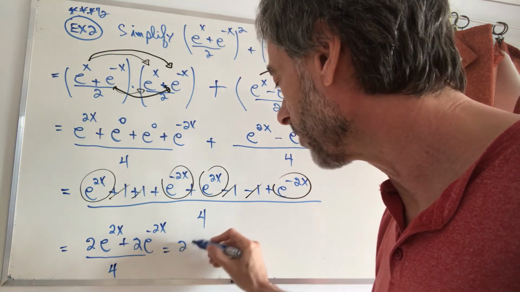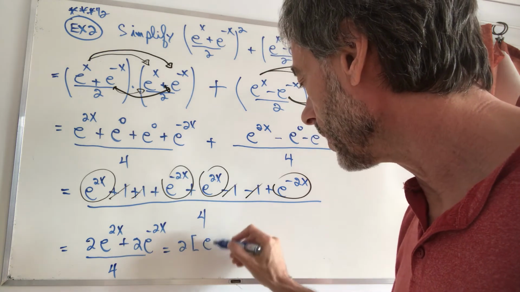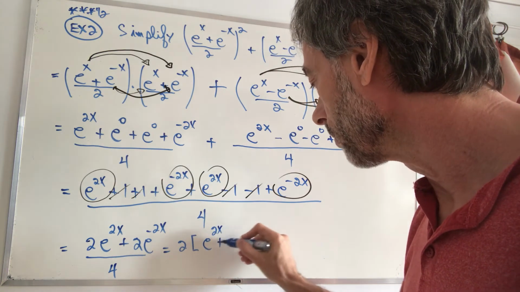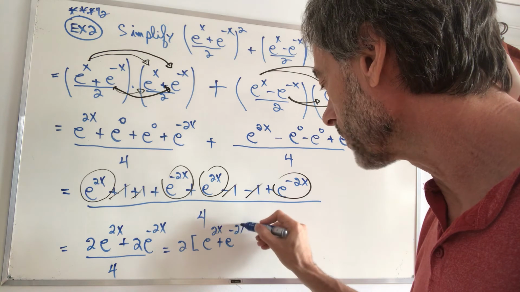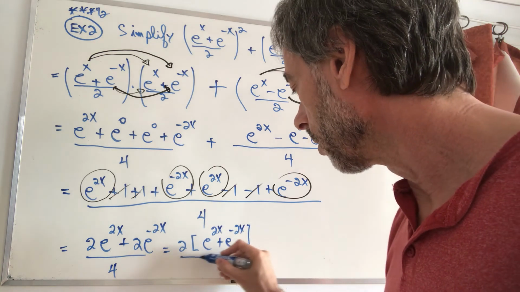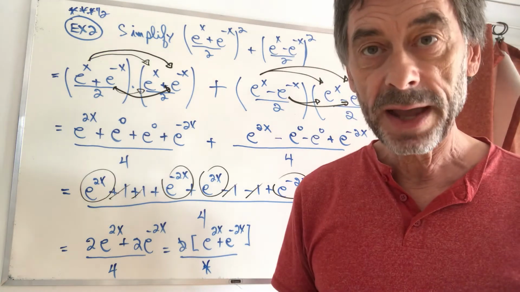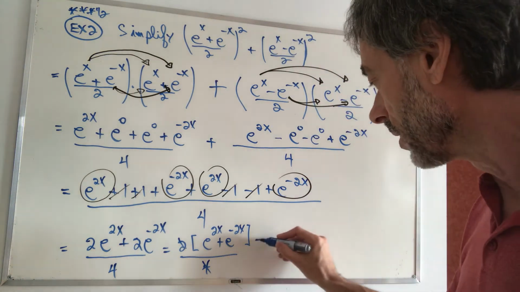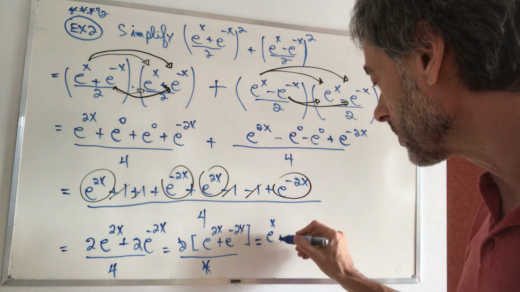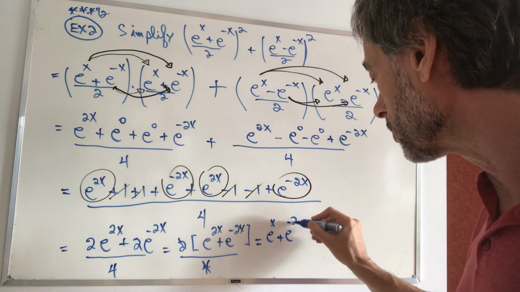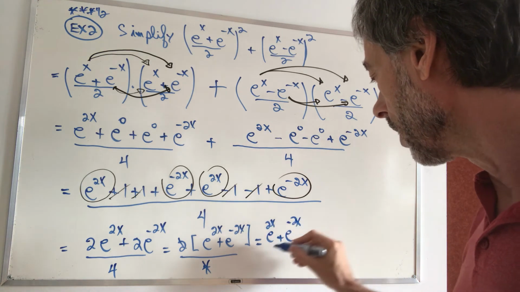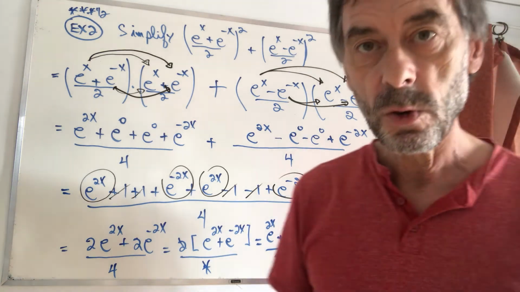I can take out a 2 from here and get e^(2x) plus e^(-2x) over 4. The 2 and the 4 will cancel, give me a 2 downstairs. This is (e^(2x) + e^(-2x)) all over 2.